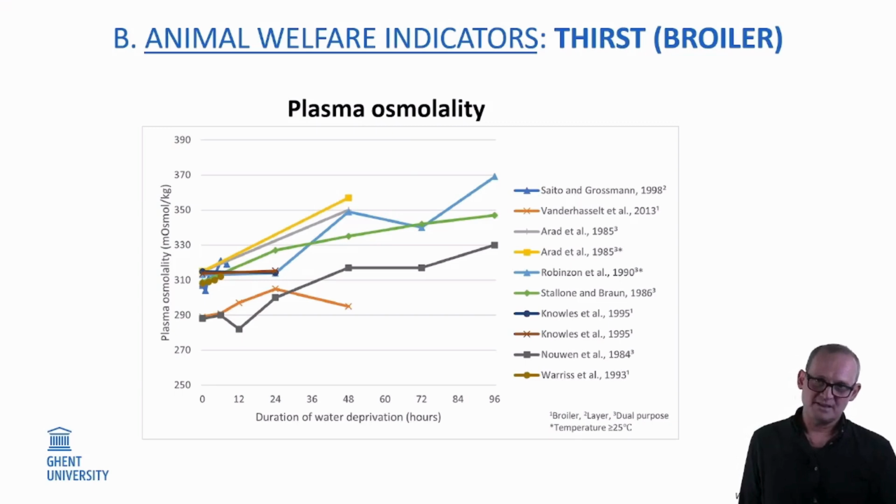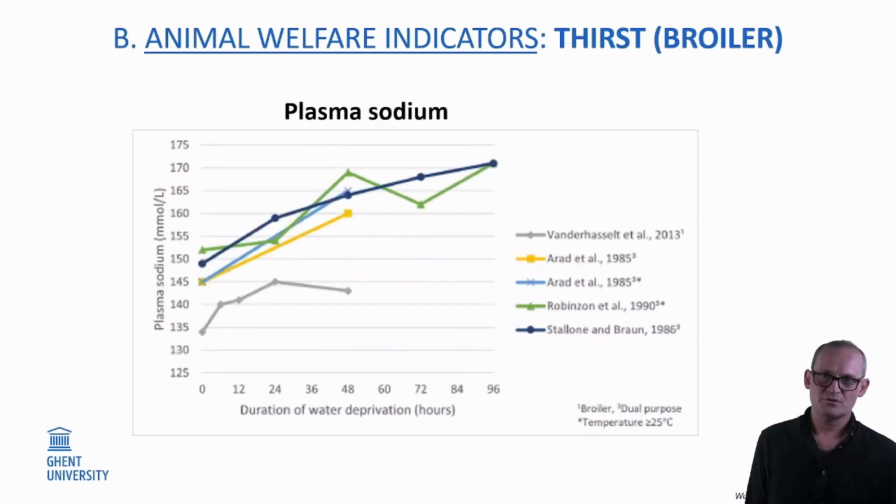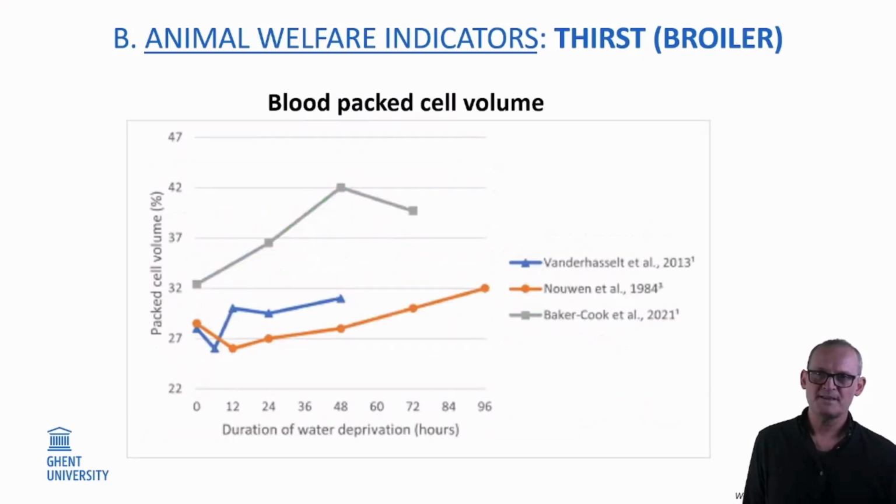So it seems to be linked with thirst. Same for vasotocin. Most publications seem to indicate that it increases with the duration of water deprivation, also with plasma sodium, and also, for example, the blood packed cell volume. So you could argue these are animal-based indicators that could be used as indicators of thirst.